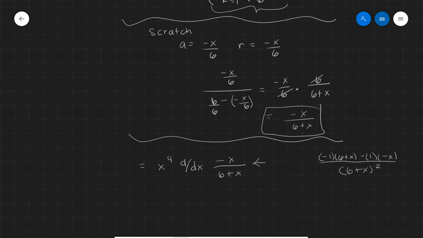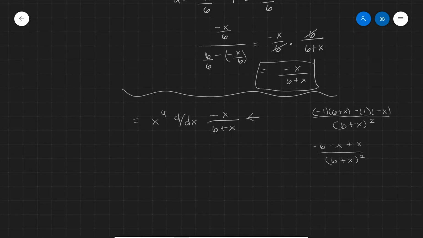And let's see, distributing, I get negative 6 minus x plus x all over 6 plus x squared. All right, and then these two would go away. So that just leaves me with x to the fourth times negative 6 over 6 plus x squared.